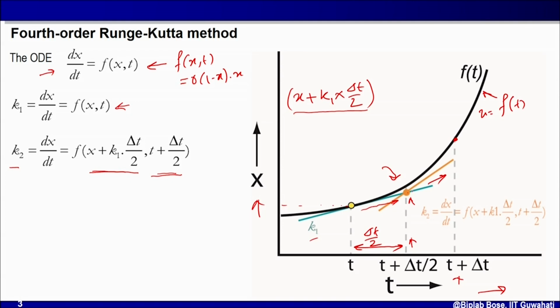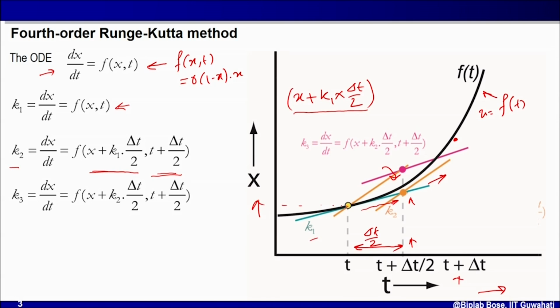So I get the slope here at this orange point. Once I have got the slope here at this orange point, I draw a line at this original yellow point using that same slope. So I get an orange line here.